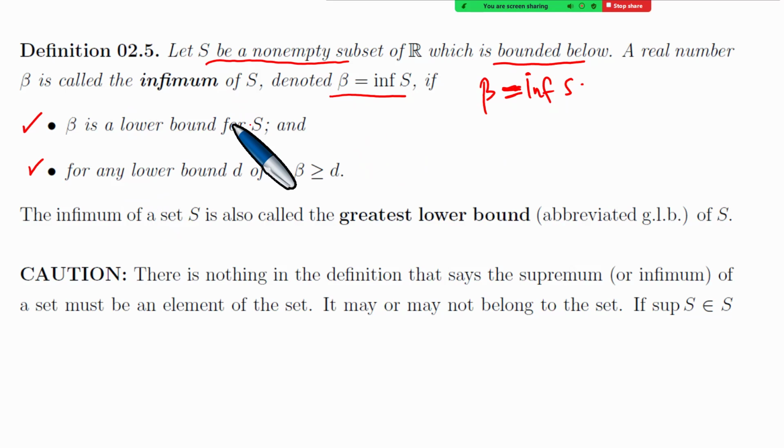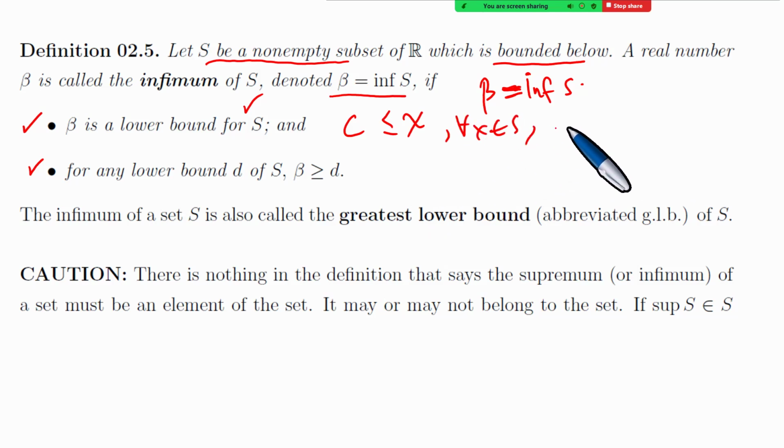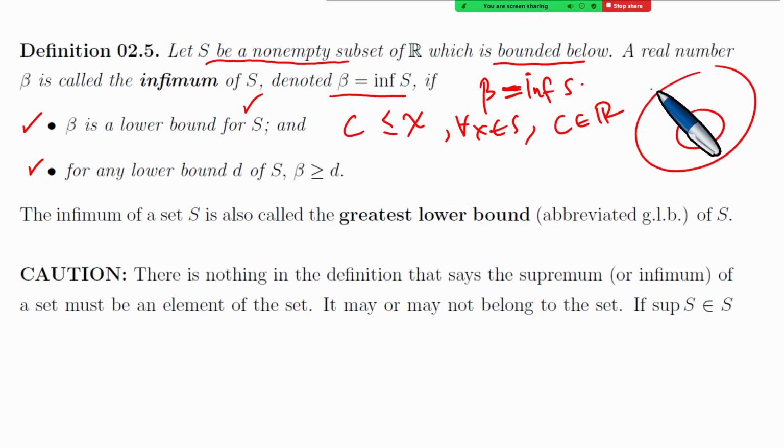If beta is a lower bound for S. We defined a lower bound before, and here we said the lower bound is such that for all the x's in S, with C in the real numbers, which is the biggest set R, we can pick a C, and this is our set S. This particular x here is bigger or equal to C.